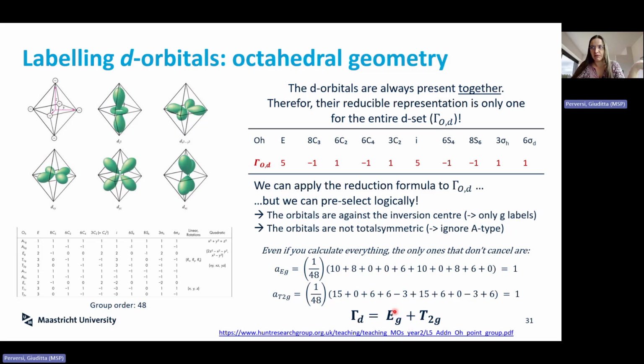Remember that the Mulliken symbols that we revised as a part of lecture 0 have a meaning that is perfectly reflected in these sets. So the Eg set belongs to these two, and the T2g set belongs to these three.